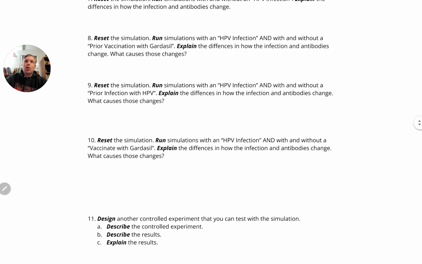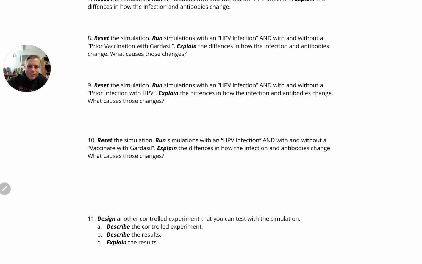So that's really why vaccines are important. And let's look at what vaccines aren't doing. So here, you're going to give an infection, and we already did that. So let's do this one here, number 10. We have with and without vaccinate with Gardasil.